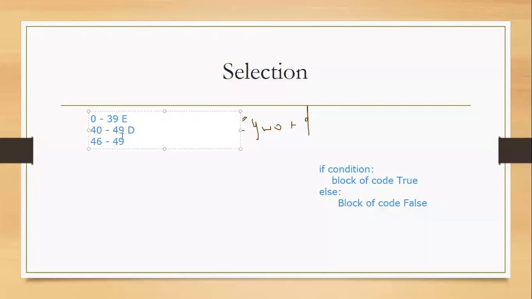C's don't come that early. 50 to 59 will be a C. Then 60 to 69 will be a B. And then 70 to 100 will be an A.